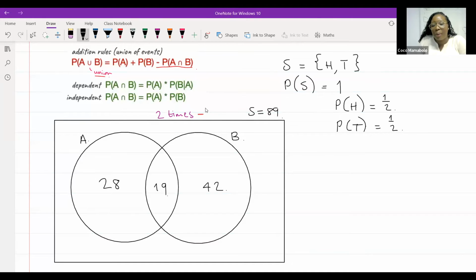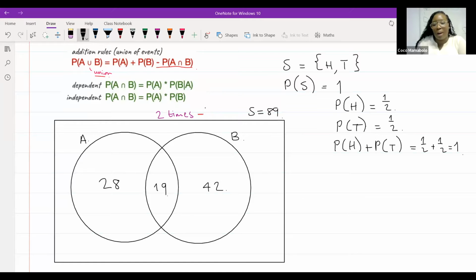So the probability of heads plus the probability of tails must give me a half plus a half, which is equal to 1. All together, all the probabilities that are possible must give us 1.